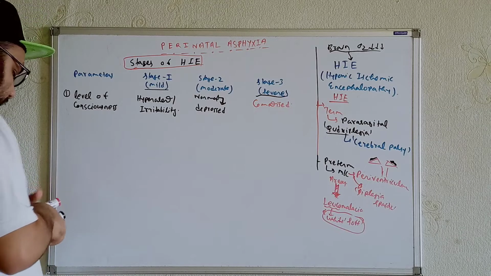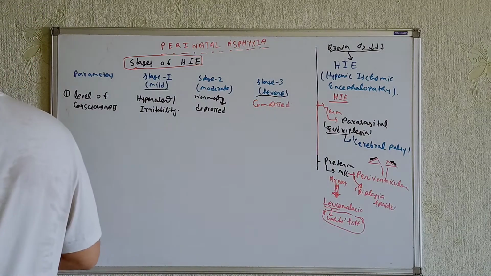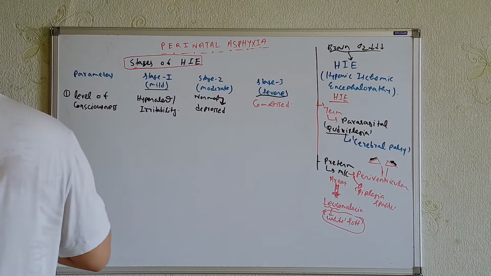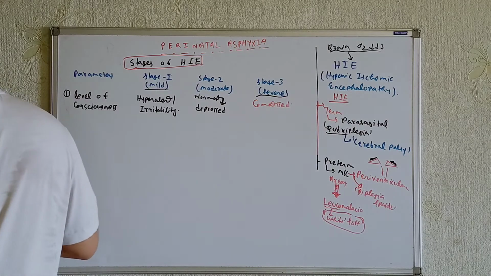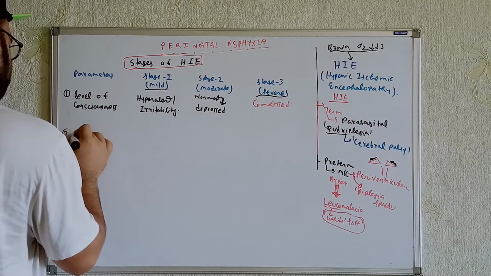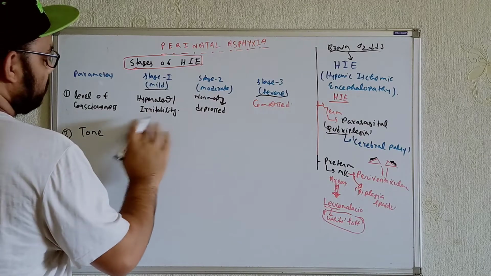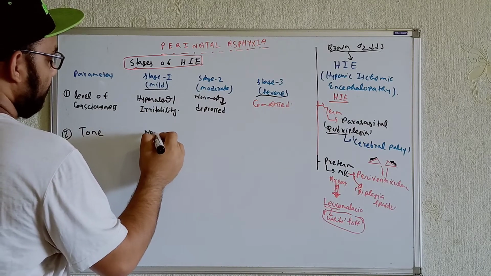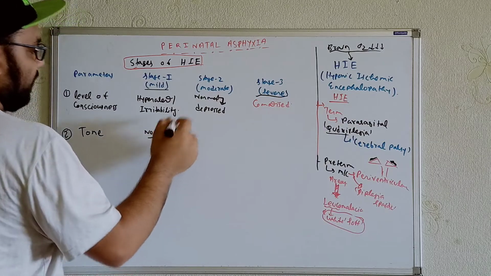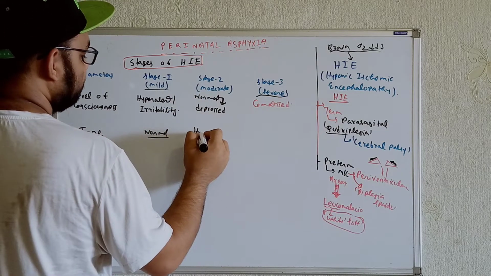Now we'll talk about the second parameter, tone. Let's write it over here. Tone. In stage 1, we will see the muscular tone will be normal. In stage 2, we will get hypotonia.